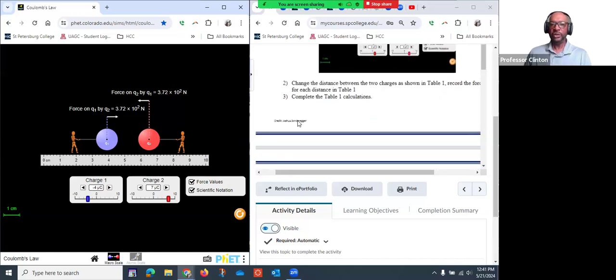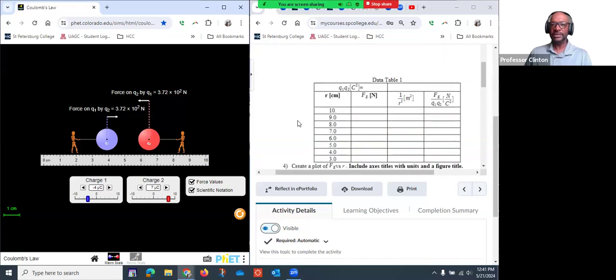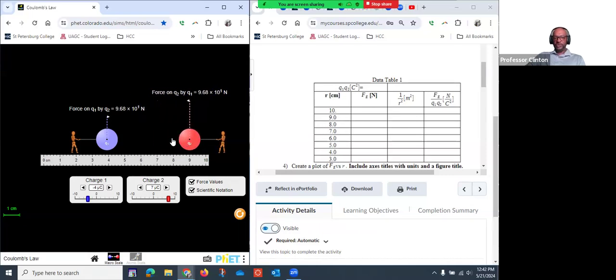So you want to stay as close to SI as you possibly can. Notice here that you're given R values, which is the distance between the two charges, in centimeters. And so you'll have to do a little bit of calculations later on down the line over in this column.